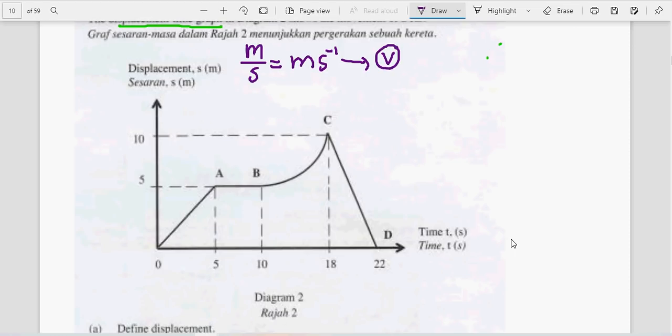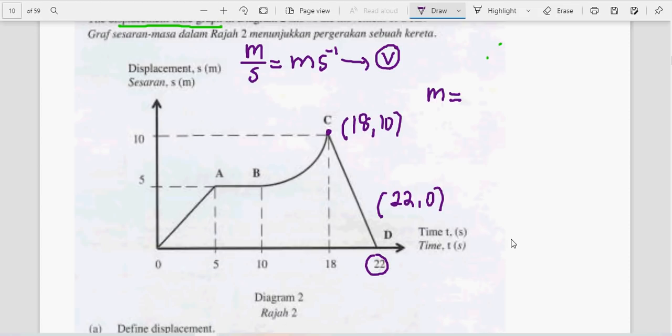Next one, they ask you to determine the gradient of CD. So in this case, focus on the coordinates. So C is (18, 10). Boleh tulis 18, 10. And then D, the coordinate for D is, okay, see here, (22, 0). So if you want to determine the gradient, cikgu guna symbol m for the gradient.